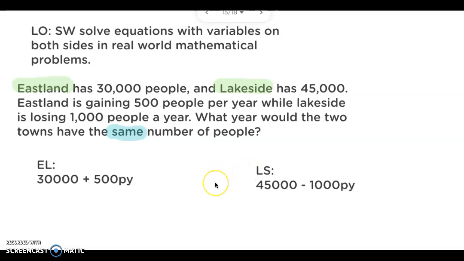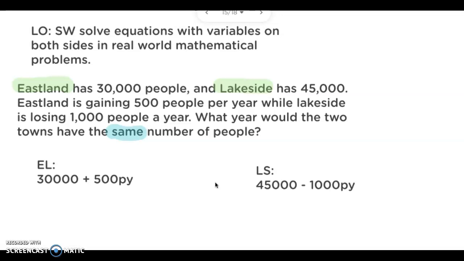All right? So there I have these two scenarios broken up. So the first thing I'm doing, after I've identified that it's equations with variables on both sides, is looking at the two things that are going to be compared. In this problem, it's two different towns, Eastland and then Lakeside. Now I'm just jotting down what I know about the two.